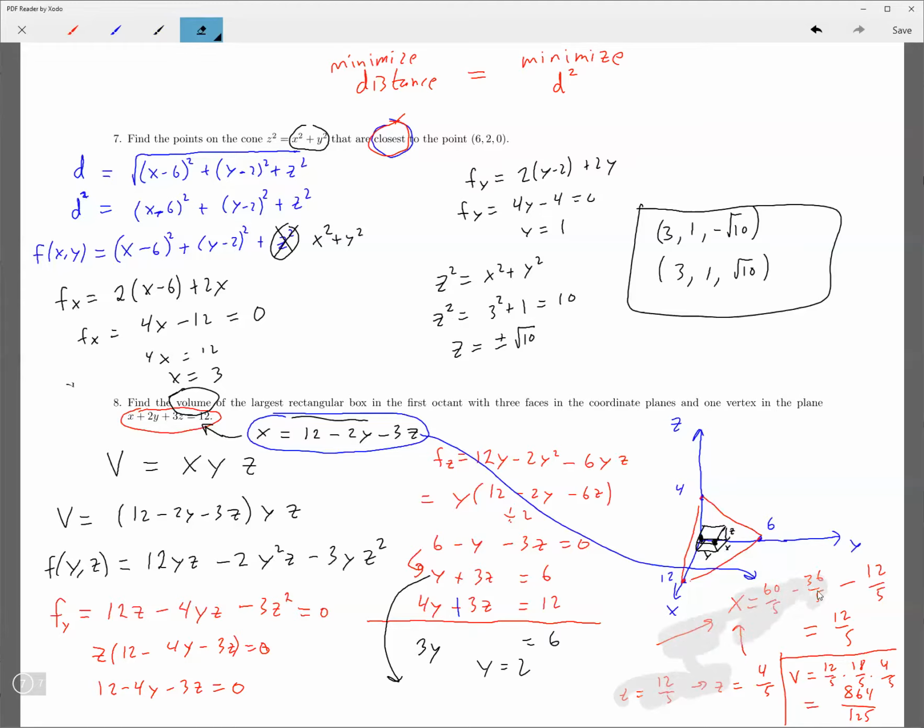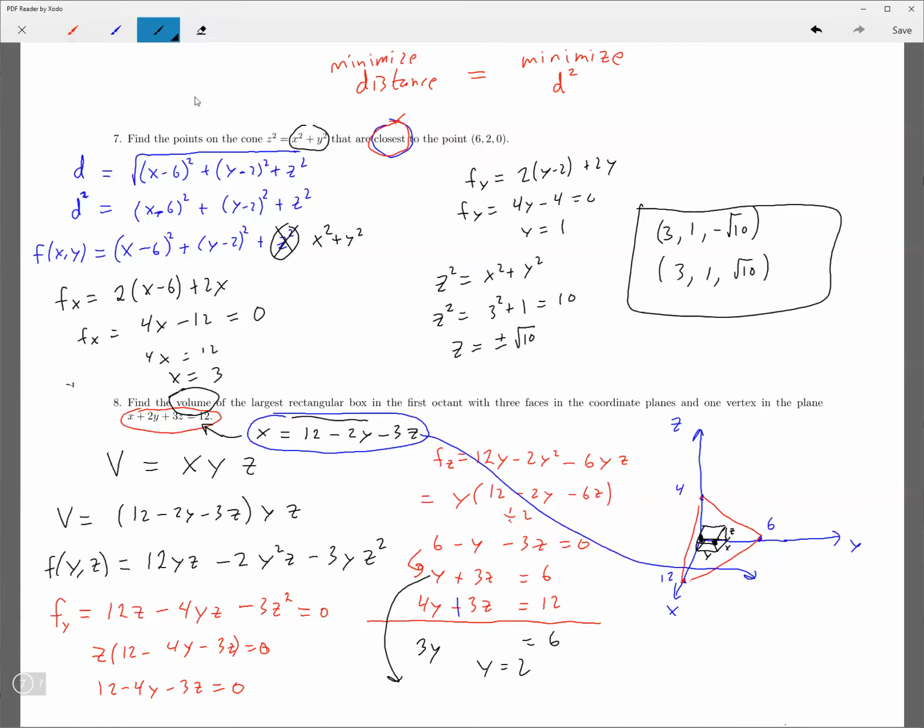Okay, so y is 2. That means z has to be what? If we look at this equation here, y plus 3z equals 6, that's 2 plus 3z equals 6.